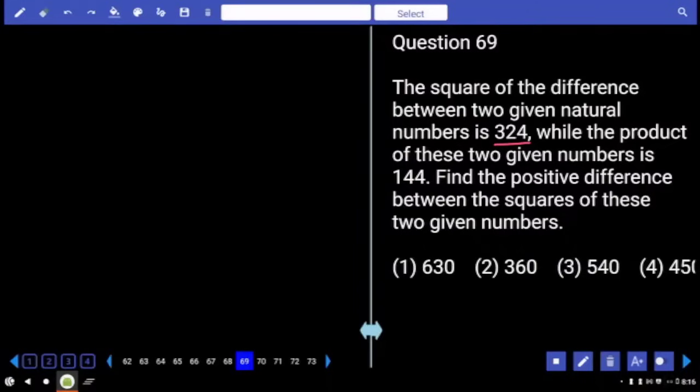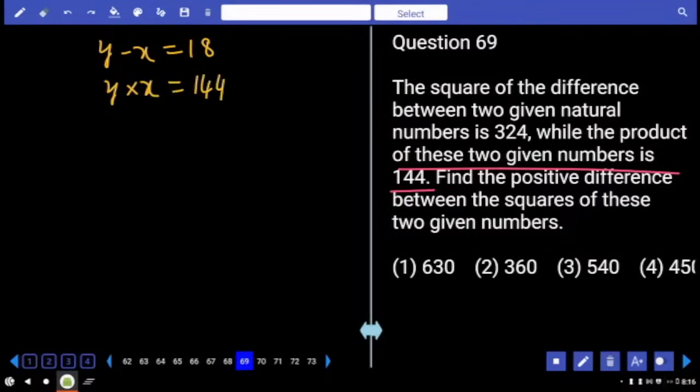If you treat x comma y in increasing order, the difference is y minus x. The square is 324, so from that I can say y minus x is equal to 18 only, because that is 18 square. While the product of these two given numbers is equal to 144. y into x or x into y, anything you can write, is equal to 144.